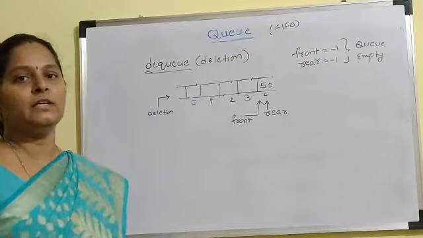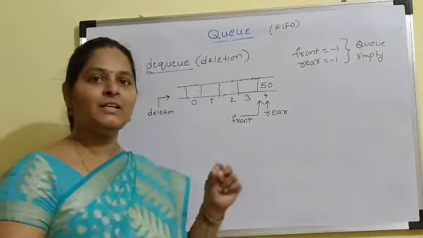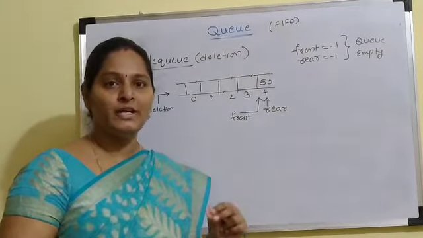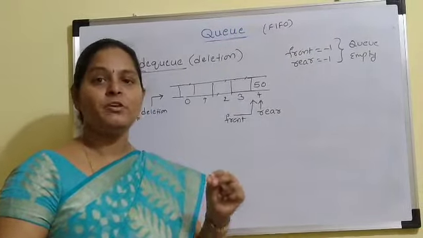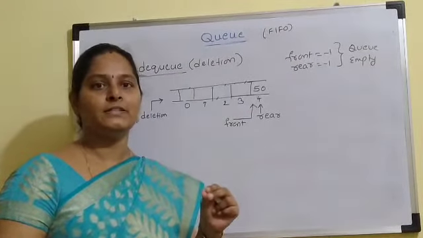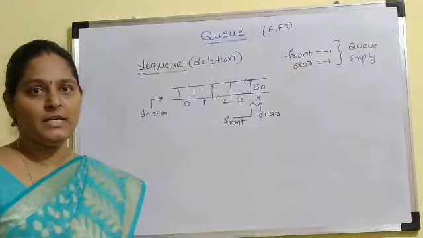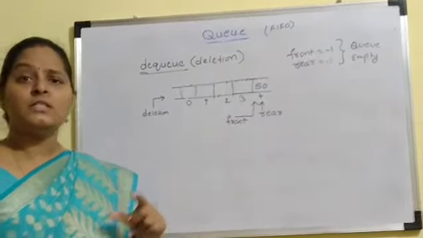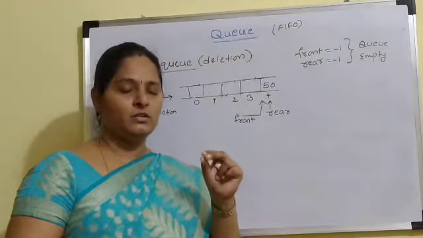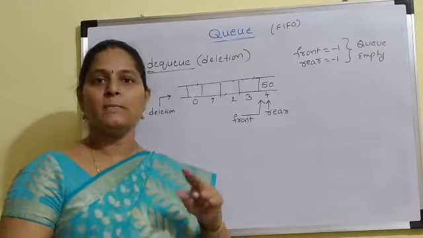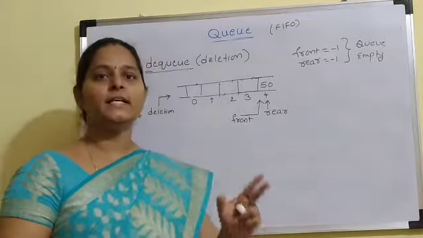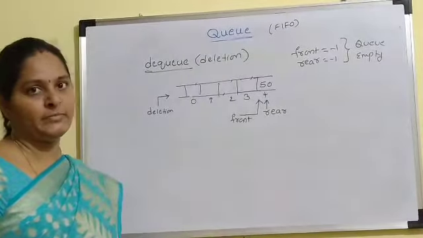The simple thing is, whenever the front and rear are both pointing to the same memory location or same index, that indicates that the queue contains only one element. Suppose both front and rear pointers are pointing to -1, that indicates that the queue is empty.